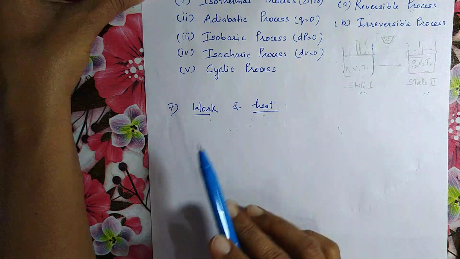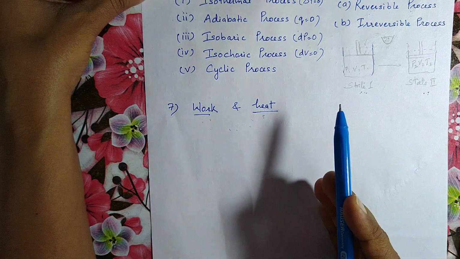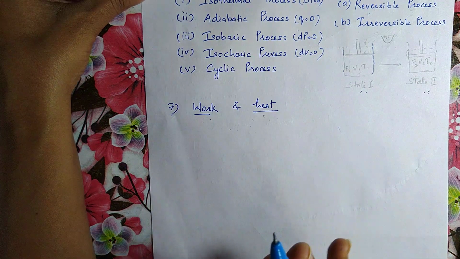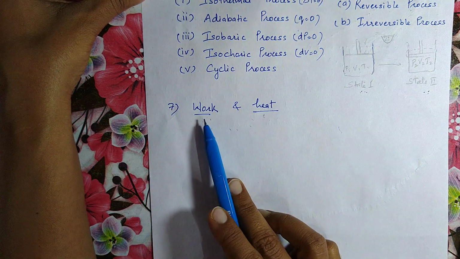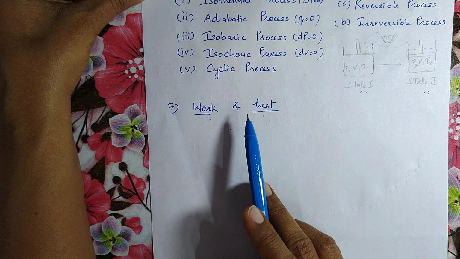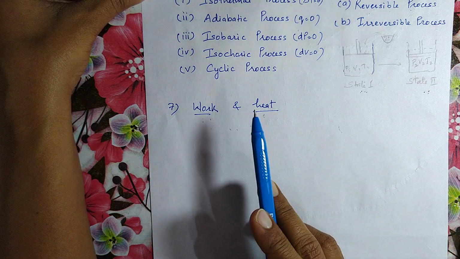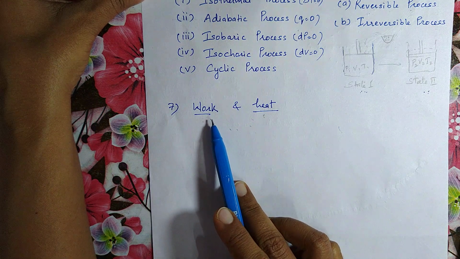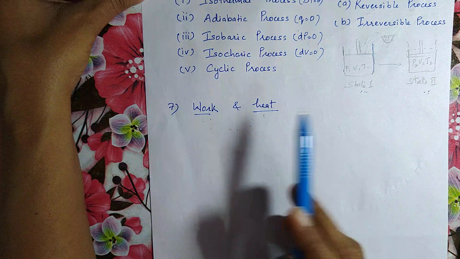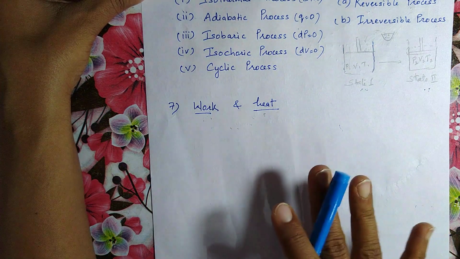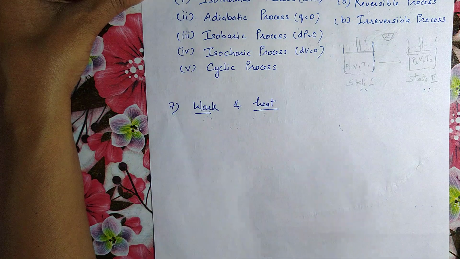Work is the organized form of energy. Both are extensive properties and path functions. Work done on the system is always considered as positive. Work done by the system is always considered as negative. In the same way, heat absorbed by the system is taken as positive, heat evolved by the system is taken as negative.